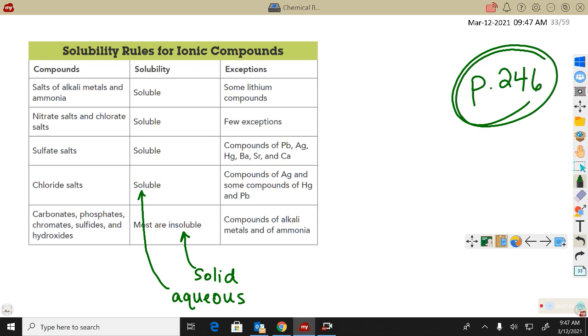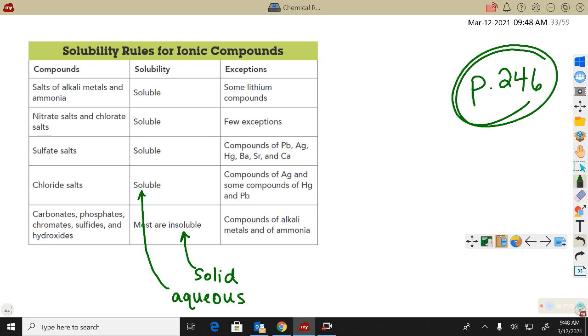Nitrates and chlorates are soluble with few exceptions. I can't think of any nitrate that does not dissolve in water. They all do. Sulfates and chlorides are mostly soluble with a few exceptions.